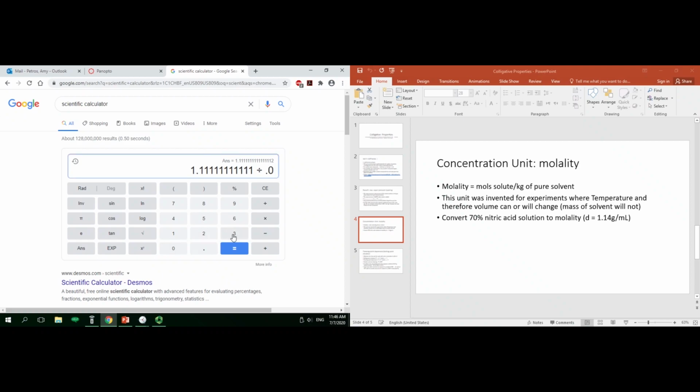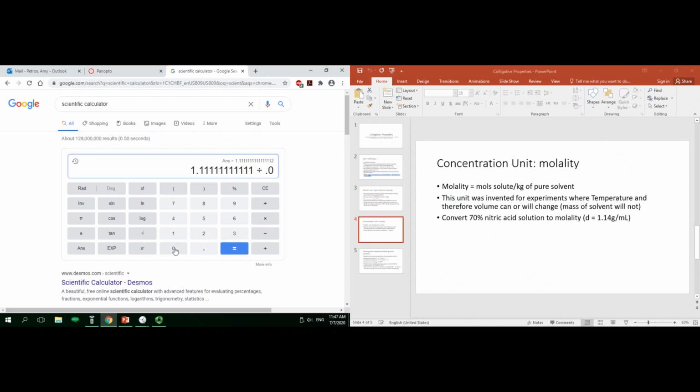Divided by 0.03. Okay, we've got 37. That seems huge. 16 times 3, yeah, plus 15. Whoa, holy moly, this is crazy. I'm checking my answer again because that's super concentrated.